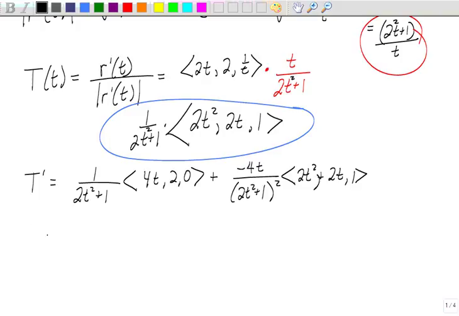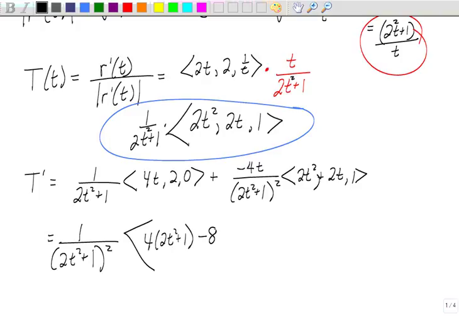Okay, factor out 1 over 2t squared plus 1 squared, and that's going to be 4t times 2t squared plus 1 minus 8t cubed, 2 times 2t squared plus 1 minus 8t squared, and 0 minus 4t.